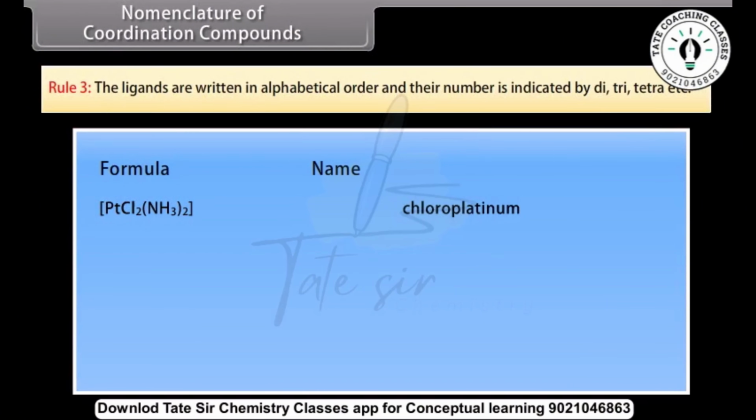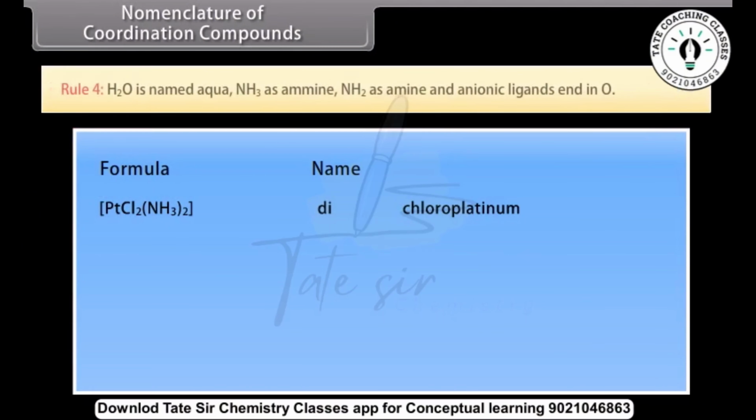Rule 3: The ligands are written in alphabetical order and their number is indicated by di, tri, tetra, etc. Rule 4: H2O is named aqua, NH3 as ammine, NH2 as amido, and anionic ligands end in o.